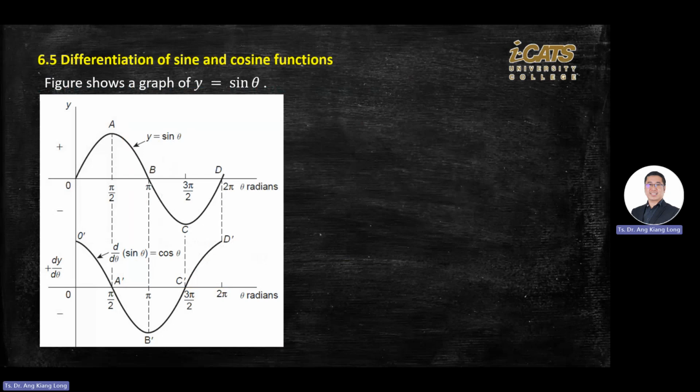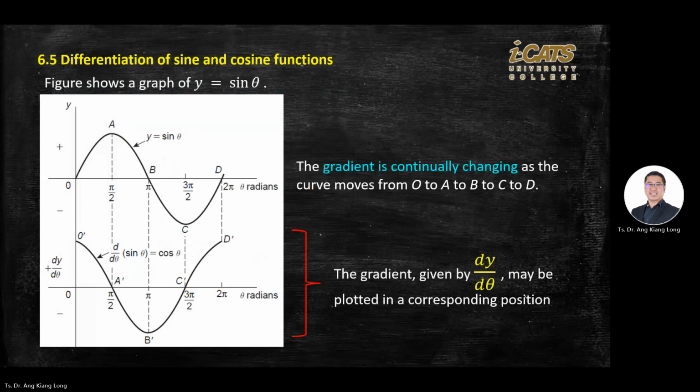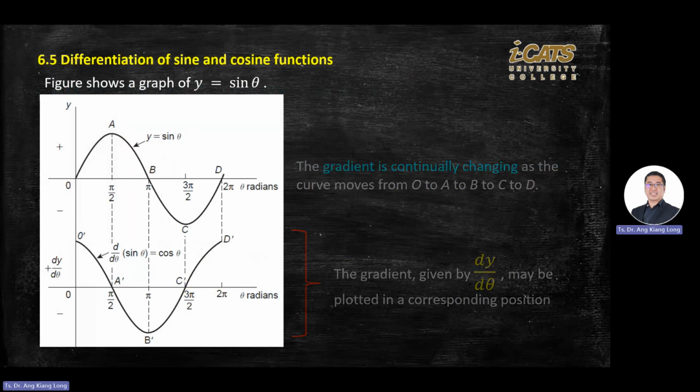Cos 0 equals 1, right? So it starts like this. These two graphs are important. We assume you already know. The sine graph looks like this, the cos graph looks like this. When you differentiate sine, you get the cos graph.